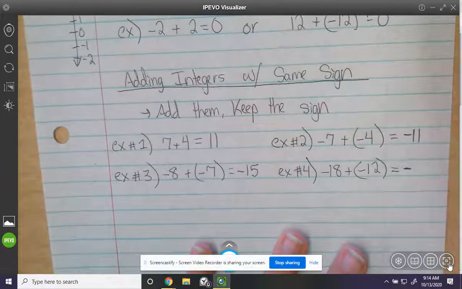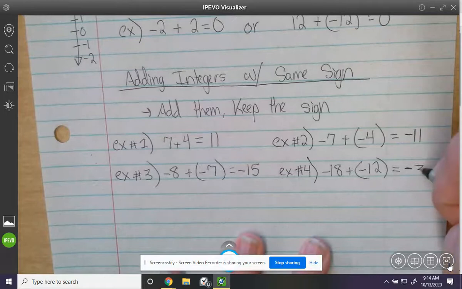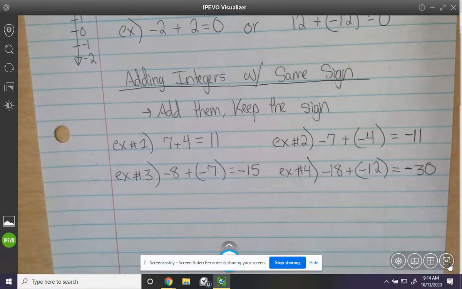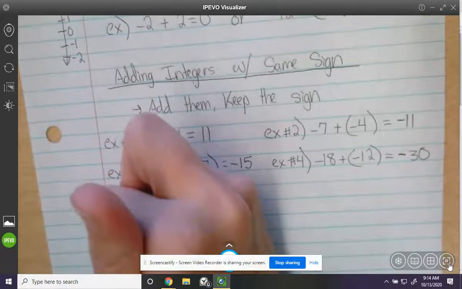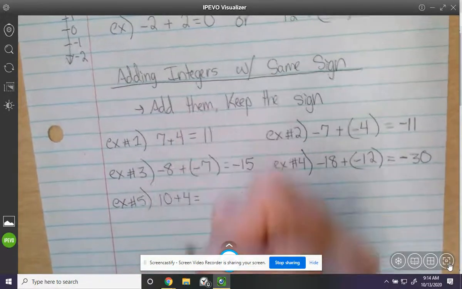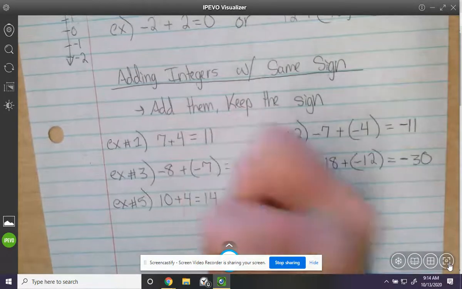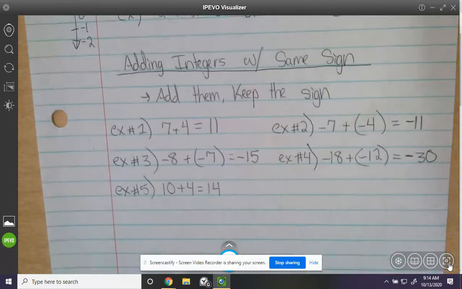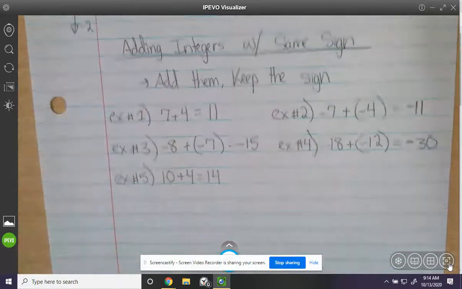I know my answer is going to be negative. 18 plus 12 is 30, so it would be -30. Last one on this one, 10 plus 4. Not a trick question. 10 plus 4 is 14. Okay, so that's integers with the same sign. You just add them, you keep the sign.